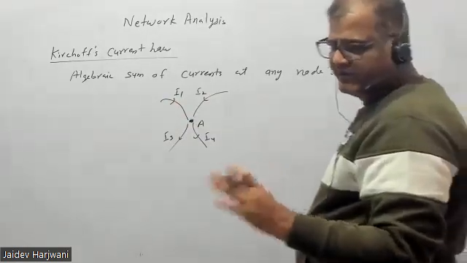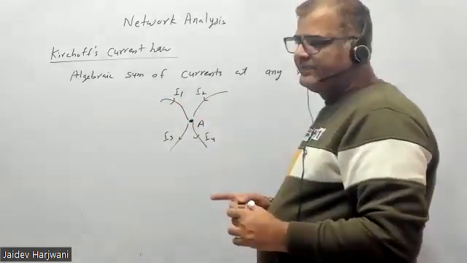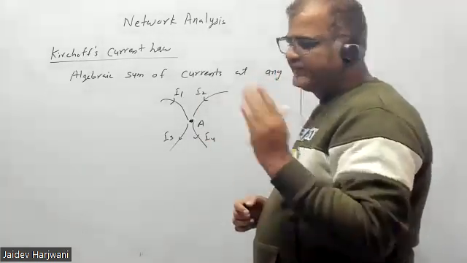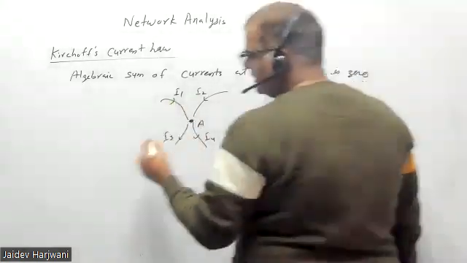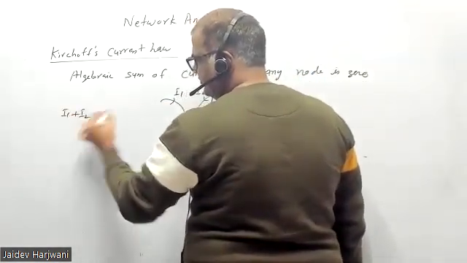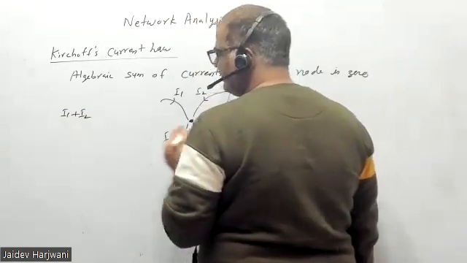You decide first. Whenever you want to apply this law, you have to decide what you are going to take. For example, if I say incoming current is positive, I can write I1 plus I2, because these will be positive incoming currents.